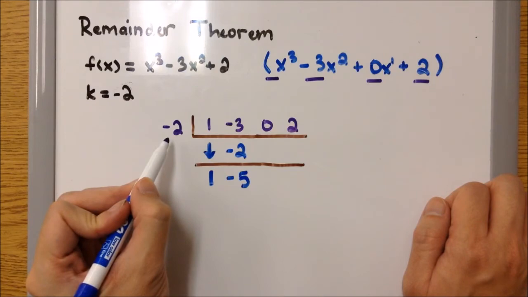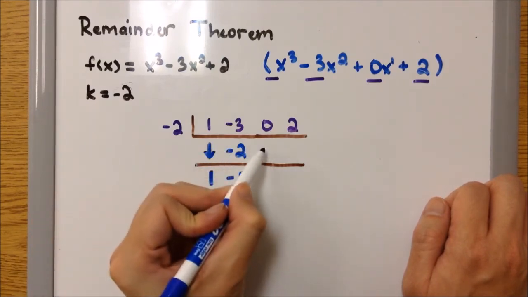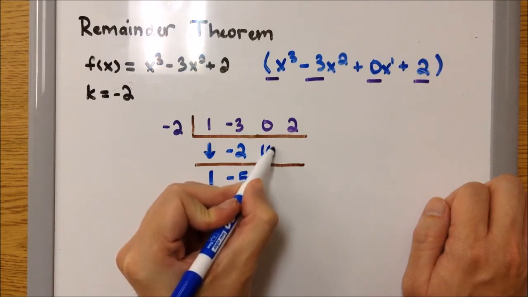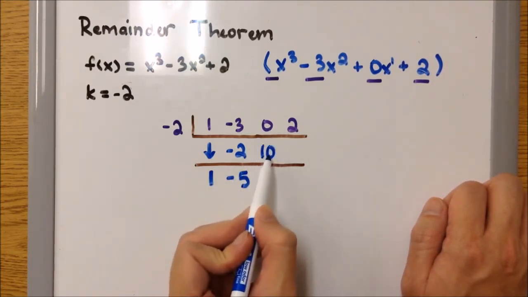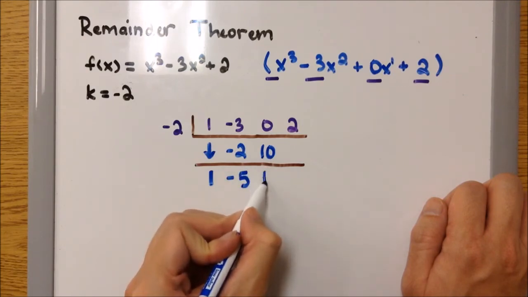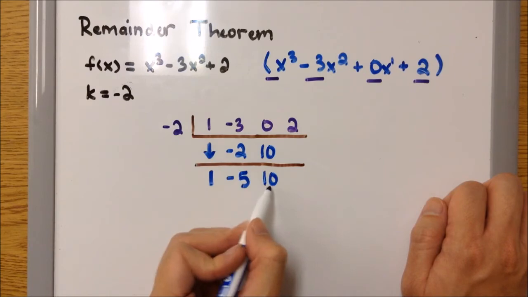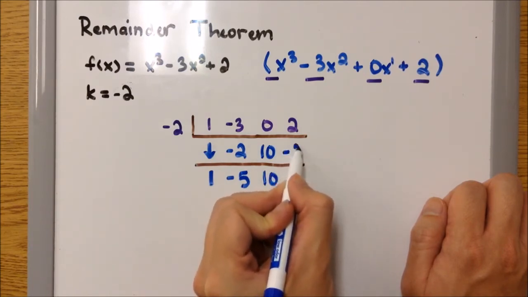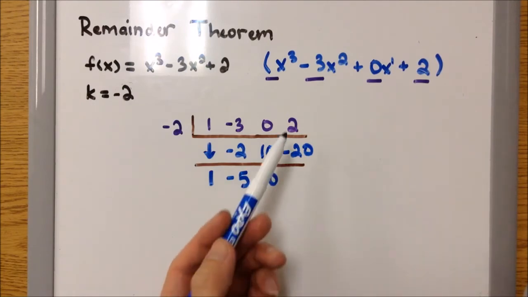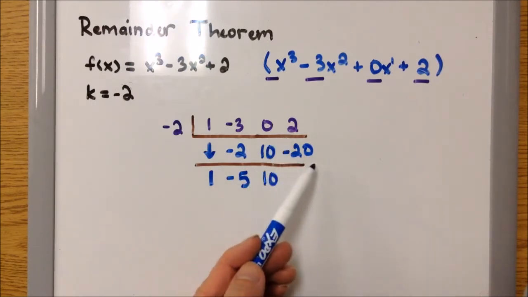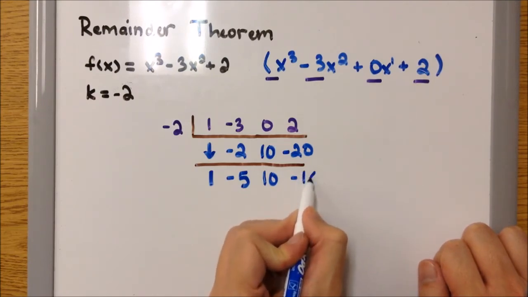Now, negative 2 times negative 5, that would become a positive 10. And then 0 plus 10 is just 10. Now, negative 2 times 10, that's a negative 20. So 2 minus 20, that's a negative 18.